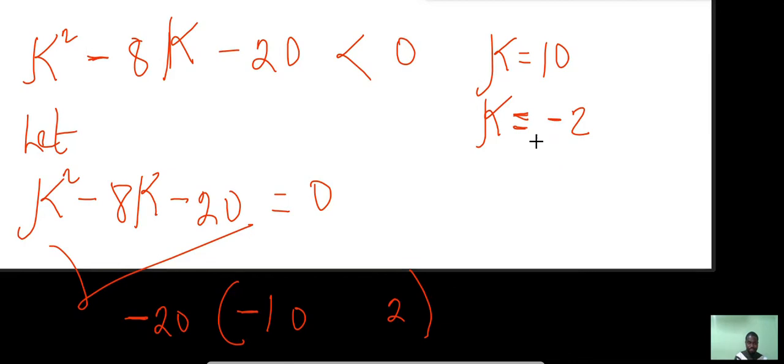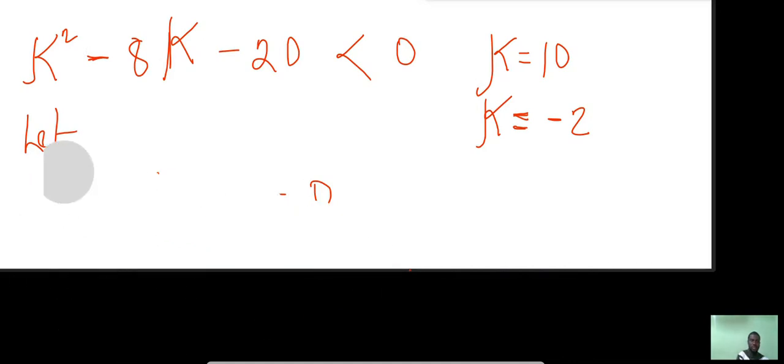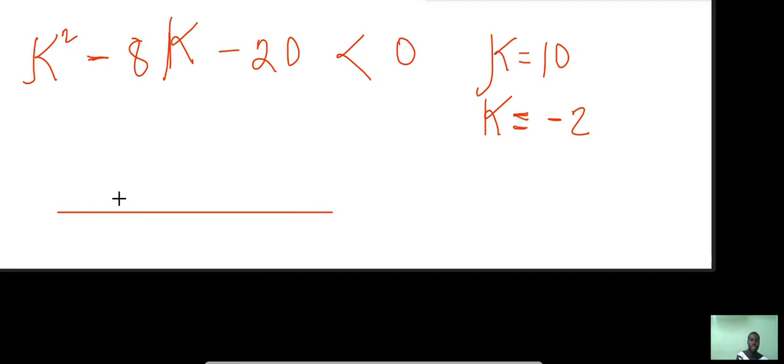So in order to solve the inequality, that's the aim, I'll go back to the inequality: k squared minus 8k minus 20 less than 0. We need to draw a small number line quickly just to depict what I have.